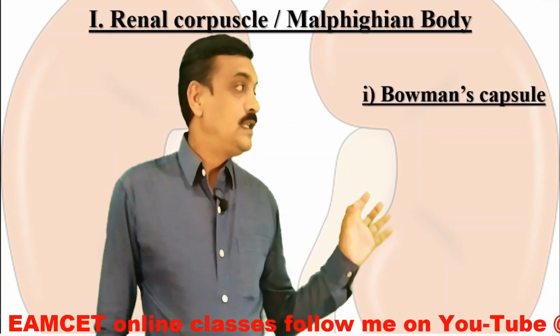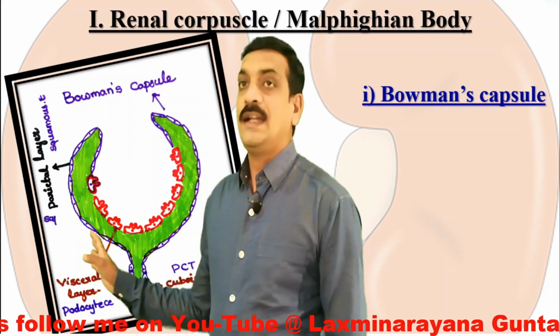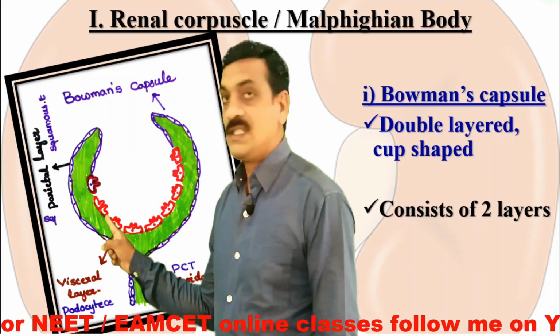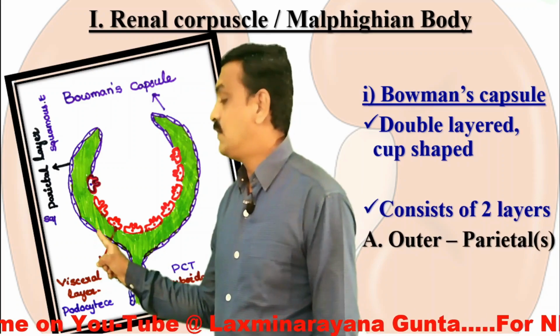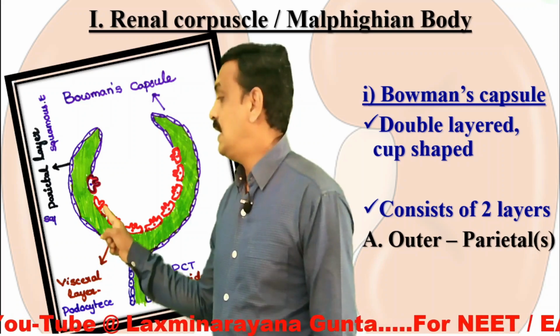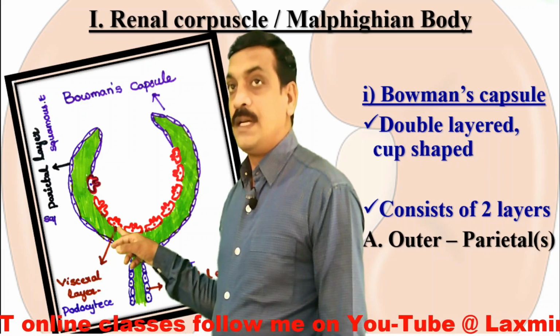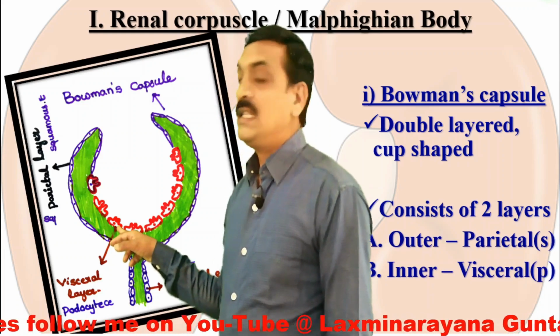This Bowman's capsule is a cup-shaped structure and it has two layers: the inner visceral layer and the outer parietal layer. This one is the parietal layer and this one is the visceral layer. The inner layer is made up of specialized cells called podocytes.